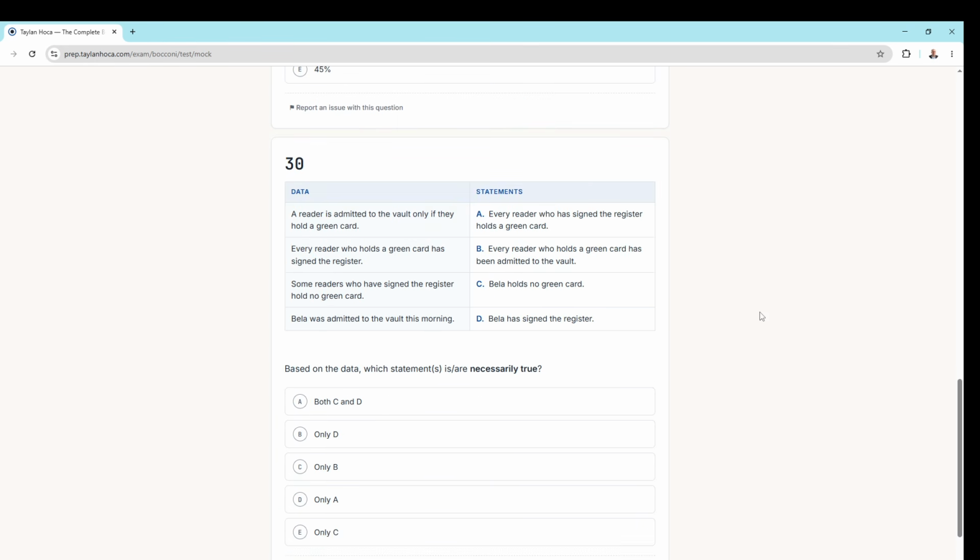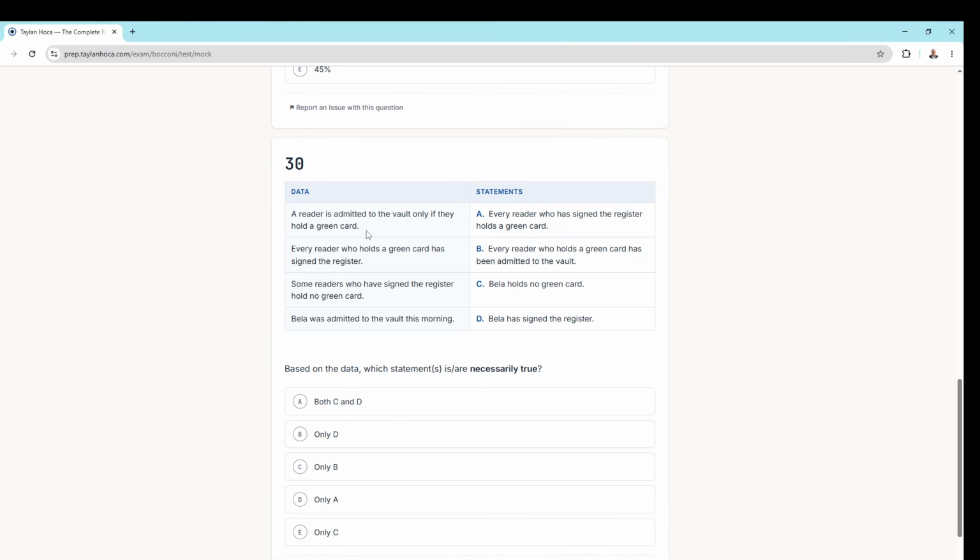All right. A reader is admitted to the vault only if they hold a green card. Okay. A reader who holds a green card has signed the register. Okay. Some readers who have signed the register hold no green card. There are others as well. Bella was admitted to the vault this morning. Necessarily true: every reader who has signed the register holds a green card.